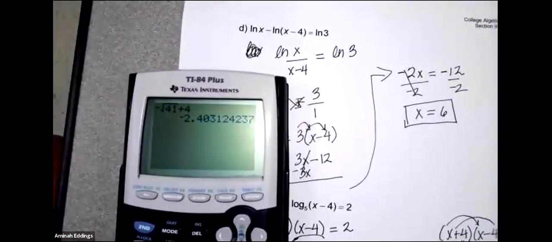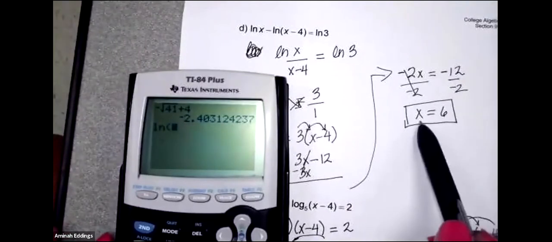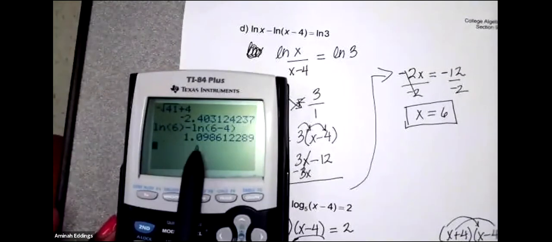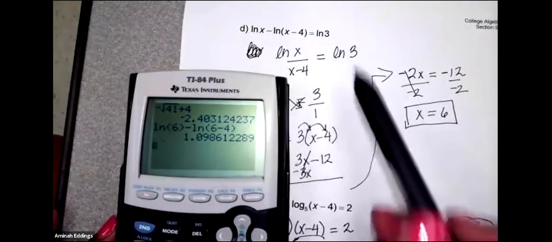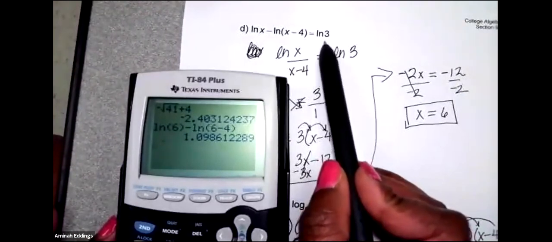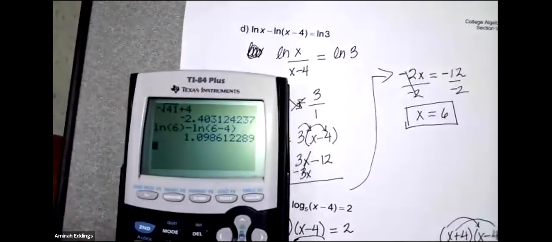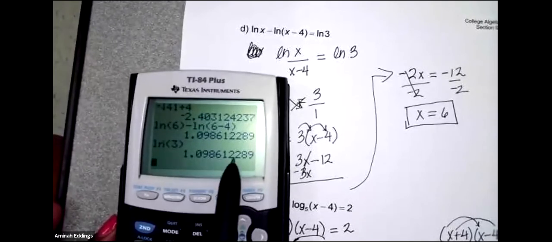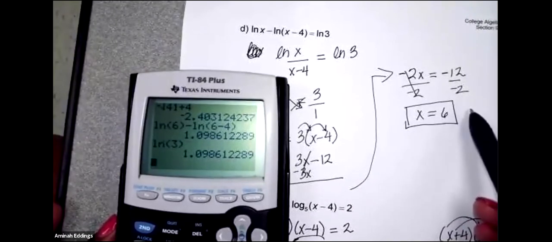So LN, my x is 6 minus natural log 6 minus 4. And that gives me 1.0986. So now I need to see what the natural log of 3 is. So natural log of 3 gives me the exact same thing. So that means this is correct.